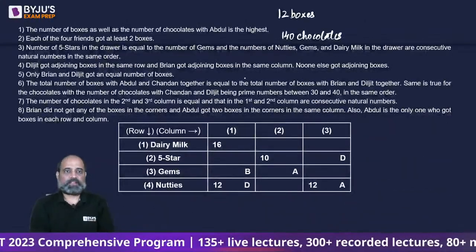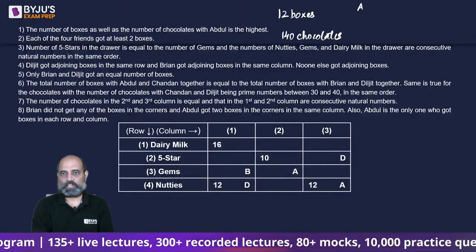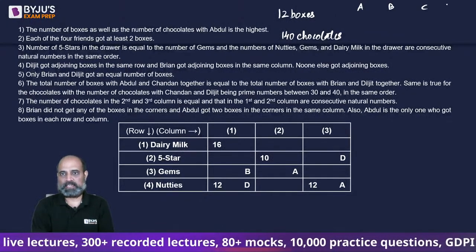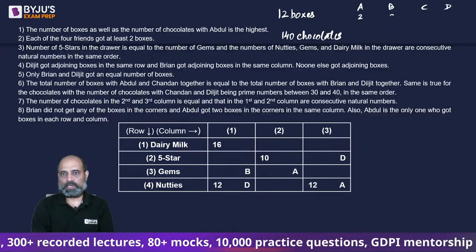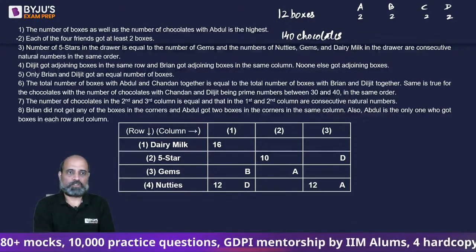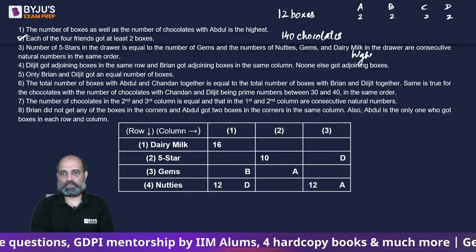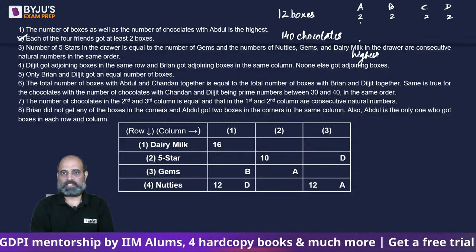Okay. Each of the 4 friends got at least 2 boxes. So if I talk about A, B, C, D, each one has got 2 to hai sabke paas. Okay. So done with this. And Abdul has got highest of both chocolates as well as boxes.